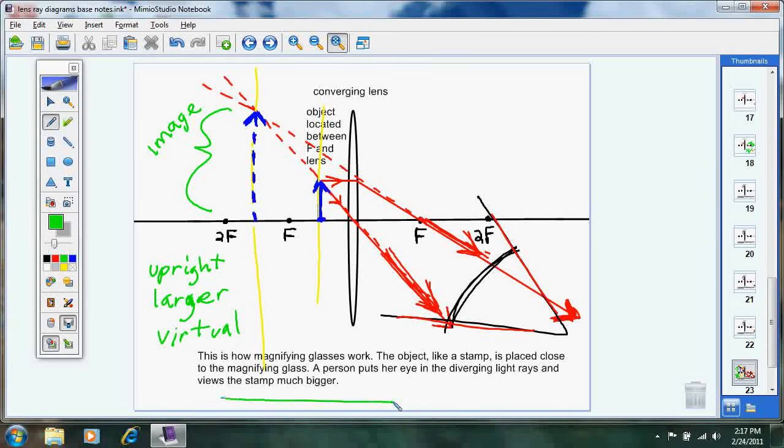And notice, as I wrote down here, this is how magnifying glasses work. This little thing here could be like the stamp, and when you look through the magnifying glass, you don't see the stamp here. You see the stamp back here, enlarged, bigger.